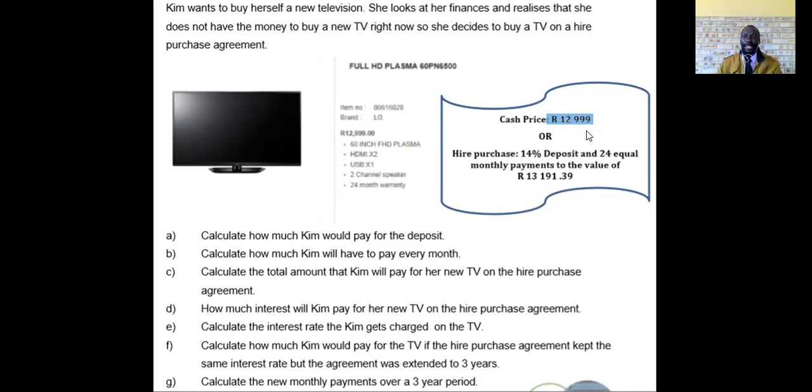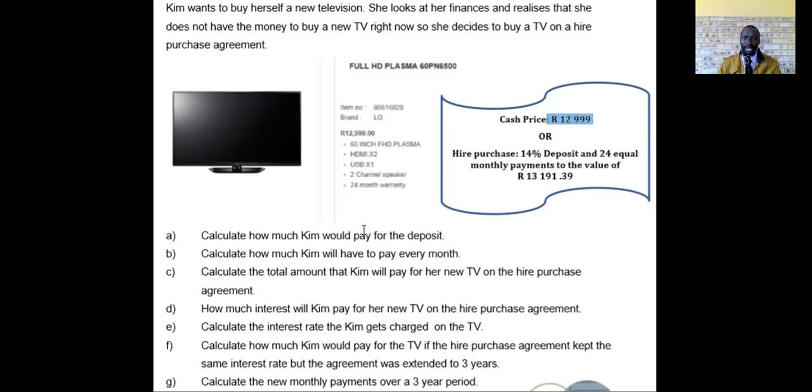The balance is supposed to be paid over a period of 24 months. That is a 14% deposit and 24 equal monthly payments to the value of 13,191.39. So yes, we had a discussion on this question.